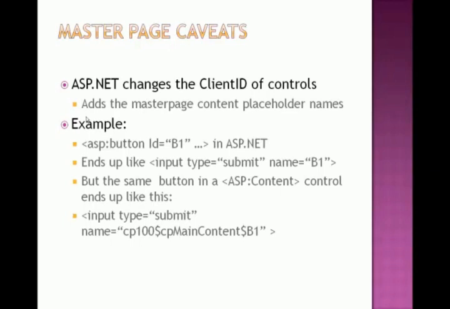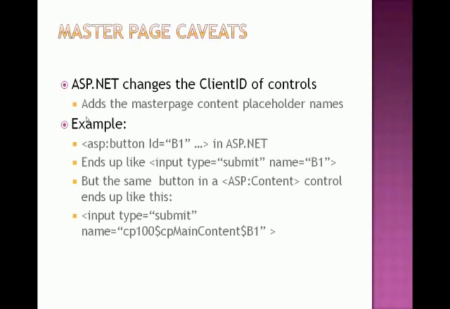For example, here the client ID might change to CP100$CPMainContent$B1, which is the ID of the content placeholder, then $ and B1, the ID of the button. This means that the client-side code should refer to the button by its actual ID that has been created by the ASP runtime, as opposed to the ID that you initially gave this button.